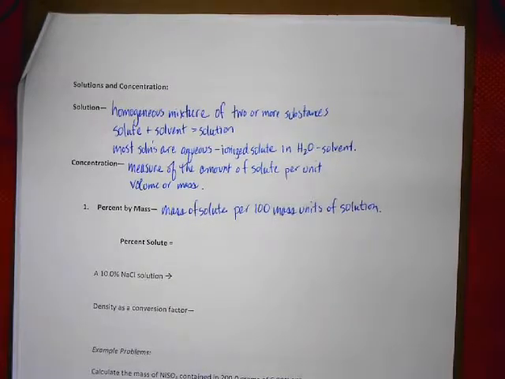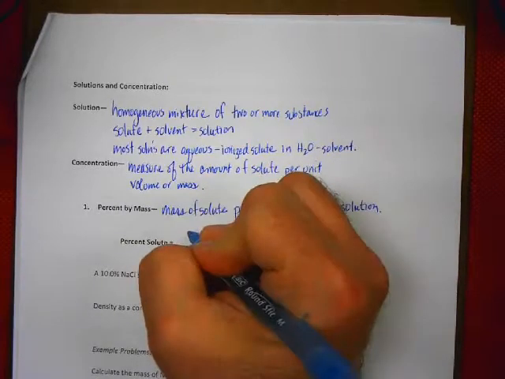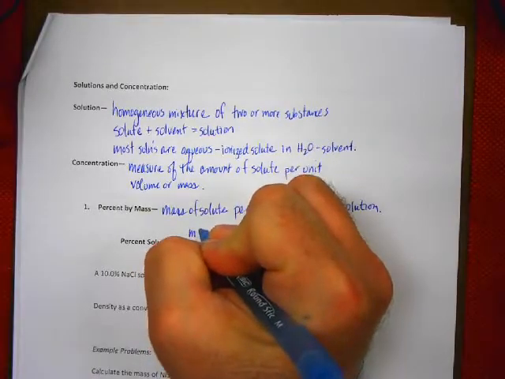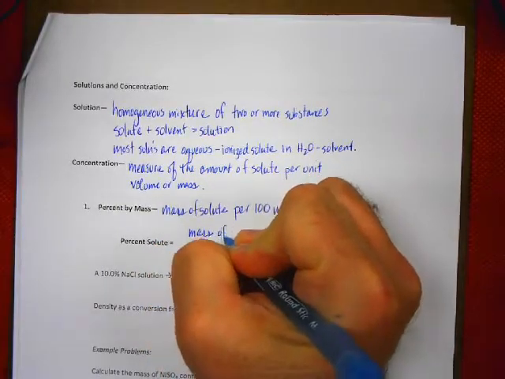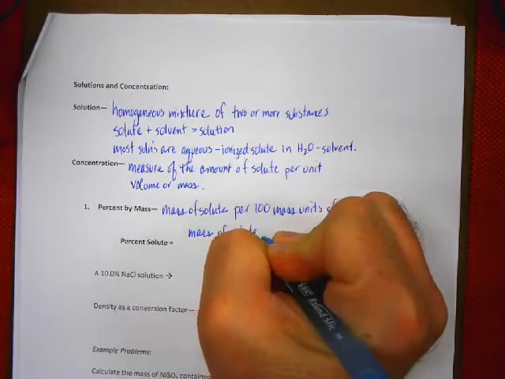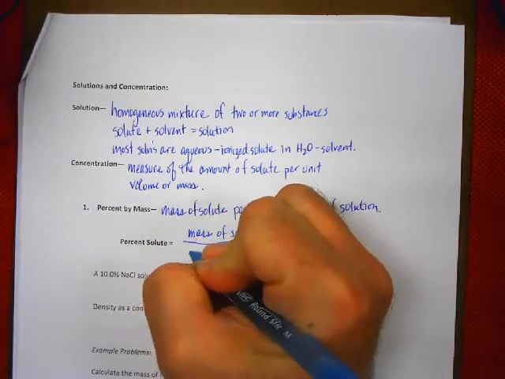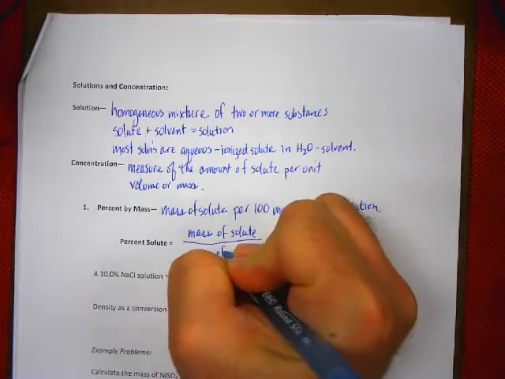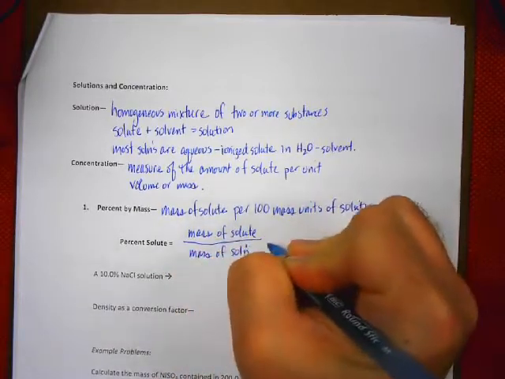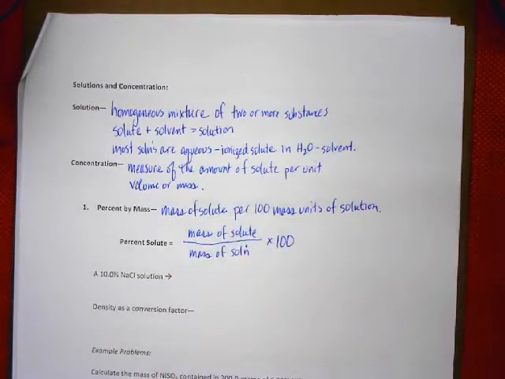Now in chemistry we use grams, so that's what we're going to use here, but we could use kilograms, we could use milligrams. As long as the mass of the solute and the mass of the solution are the same units, we're good. So to calculate the percent solute, it's the mass of solute over the mass of solution times 100 to make it a percent.